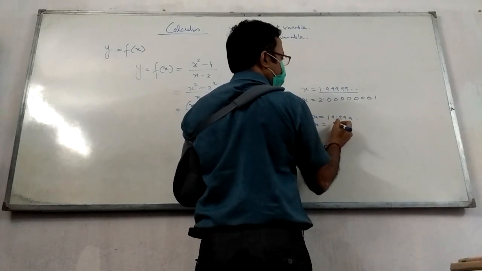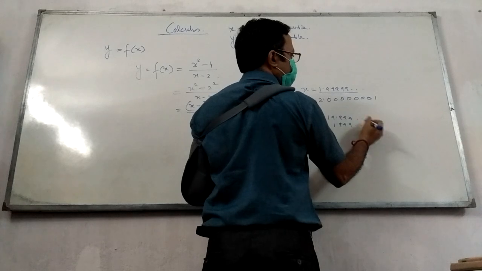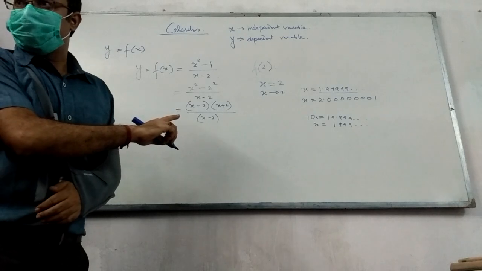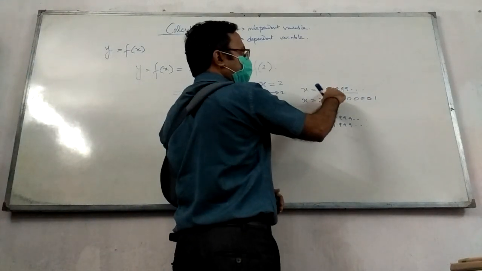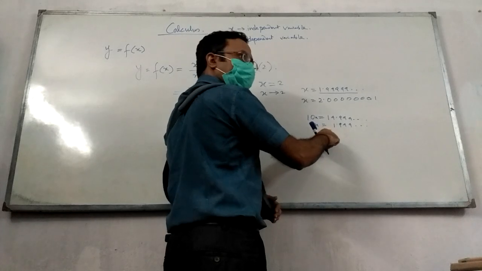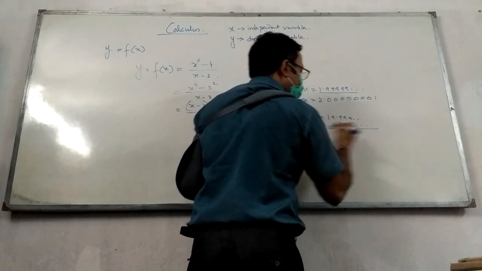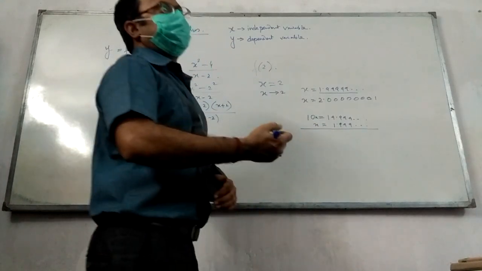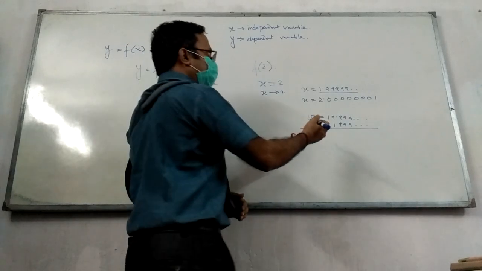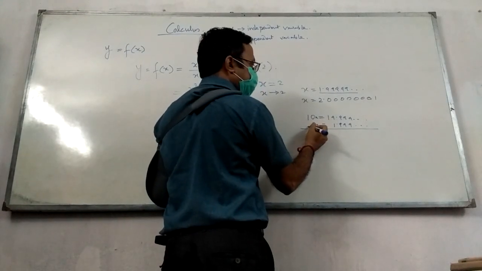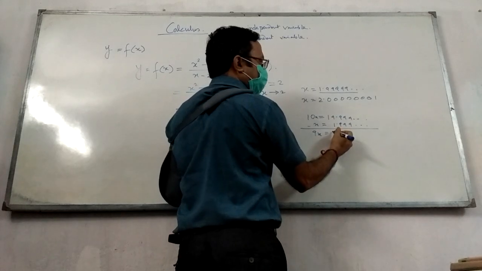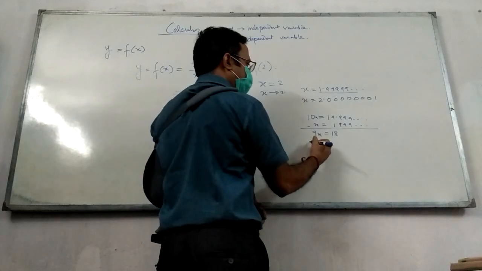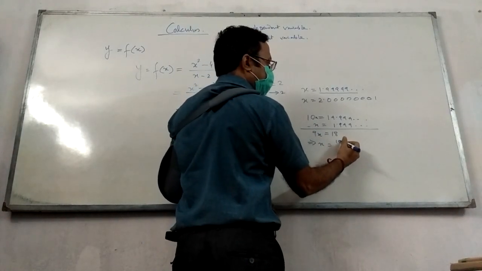Now if I subtract x from it, where x is 1.99 recurring, then 10x is 19.99 and x is 1.99, so if we subtract, we get 18. 10x minus x is 9x, and 18 by 9 is 2.